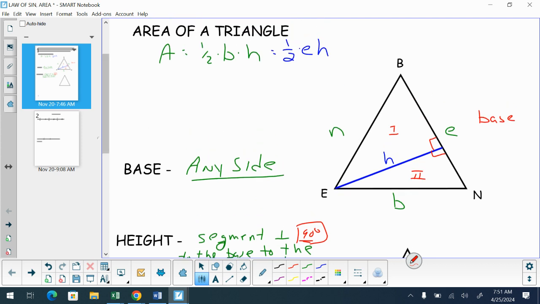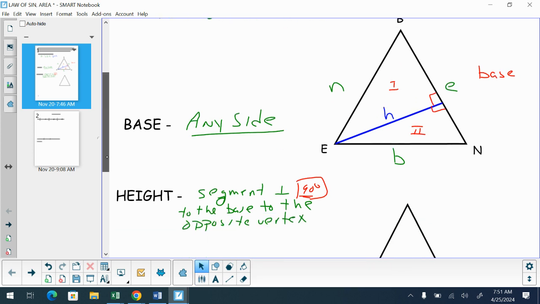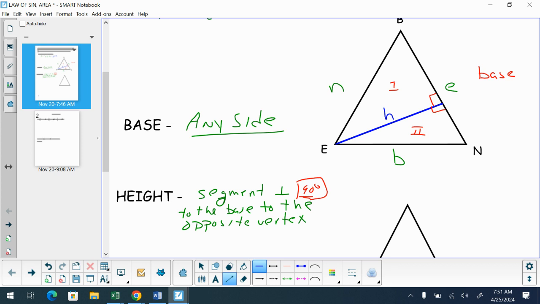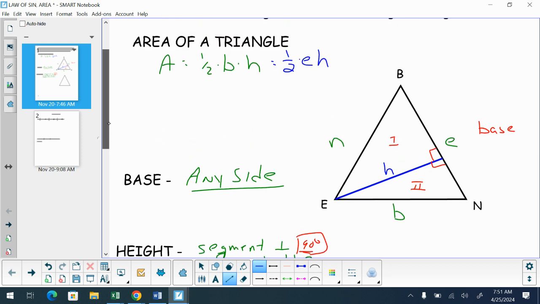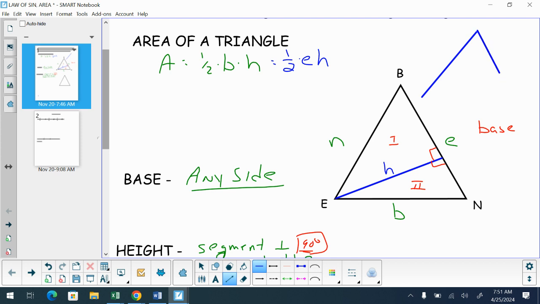What we want to take a look at first is right triangle number 1. In right triangle number 1, we have this segment, and here is our height.